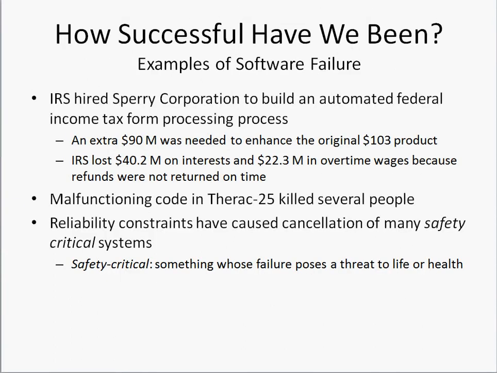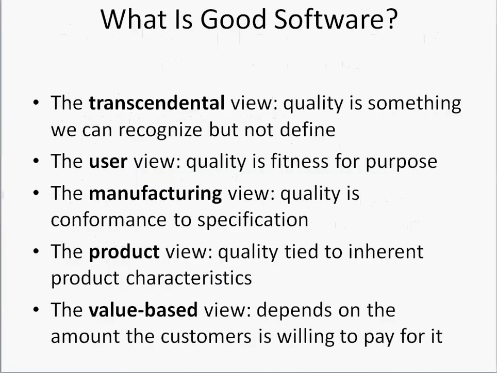Some of the more famous software flops in history has been the Sperry Corporation's income tax application, and you could see the numbers here. It amounted to losses in the millions. So software engineering is a complex business.